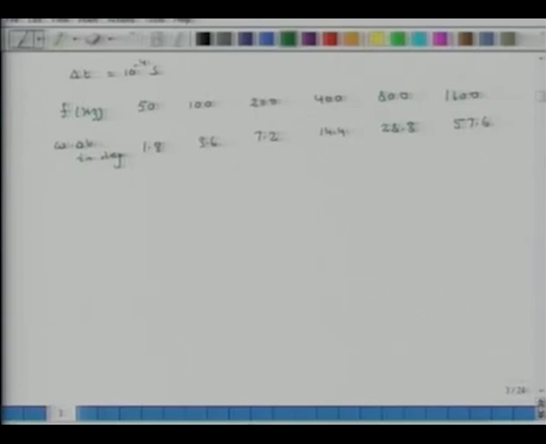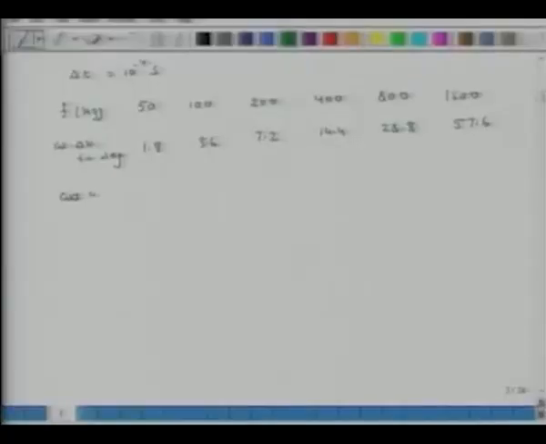So as frequency goes up, my theta increases rapidly, and when you look at cosine values, this is approximately equal to 1, this is again approximately 1, 0.992, 0.969, 0.876 and 0.536.